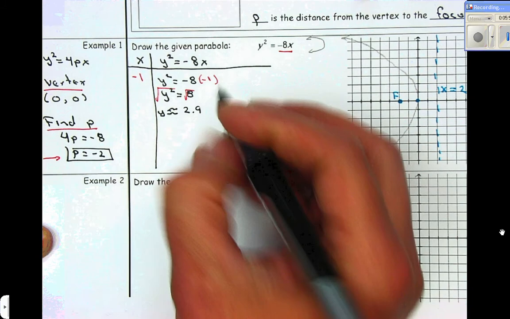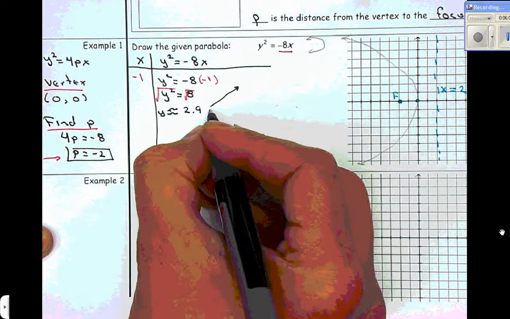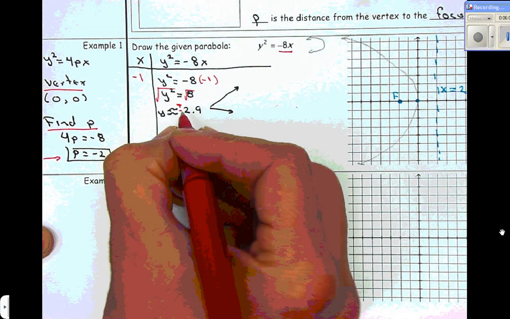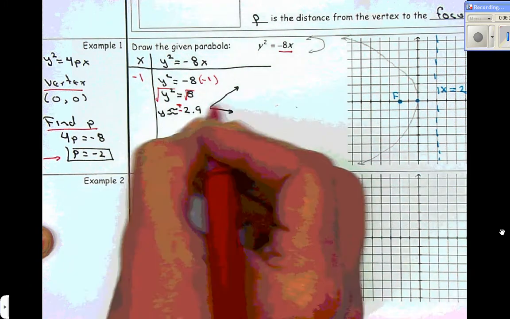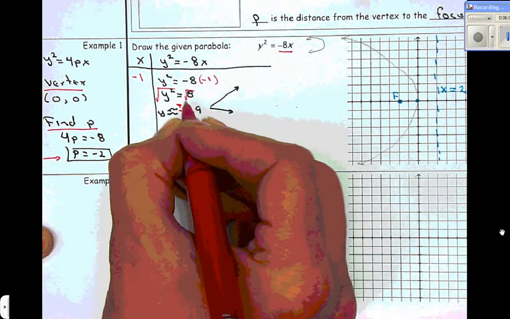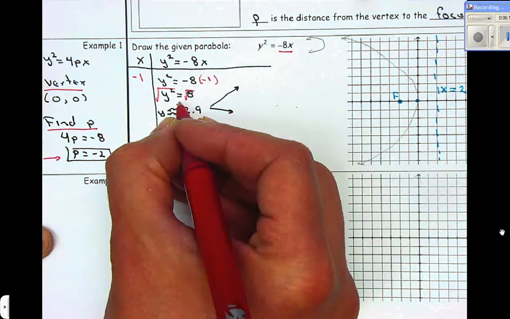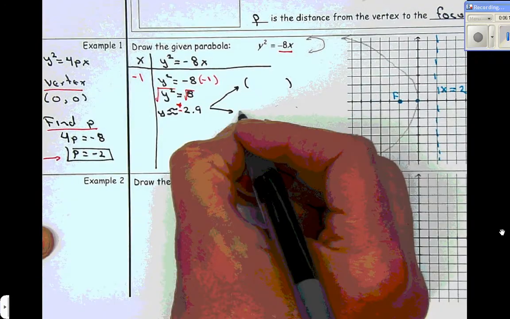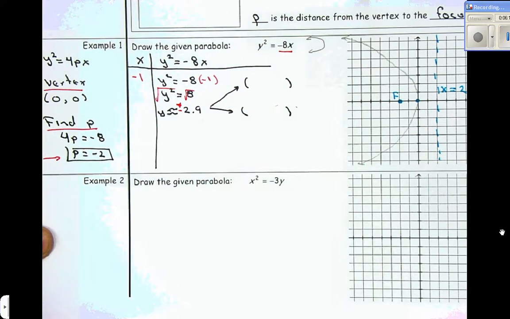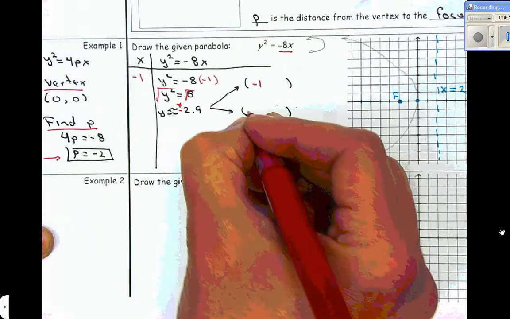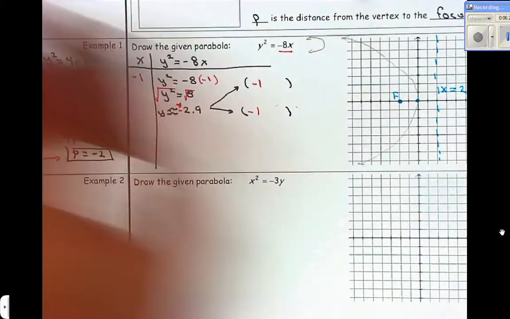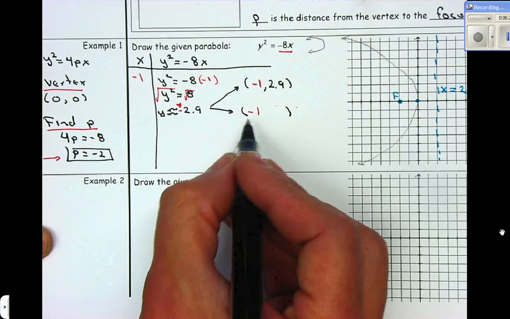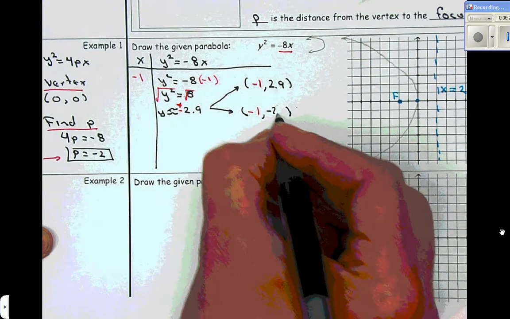Now, this will give me two values. Yes, I forgot the plus and minus. One with a positive and one with a negative. Remember, every time you take the square root on both sides, you have a plus or minus. So the first point will be negative 1, comma, positive 2.9. The second point will be negative 1, comma, negative 2.9.